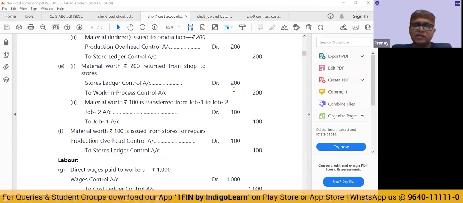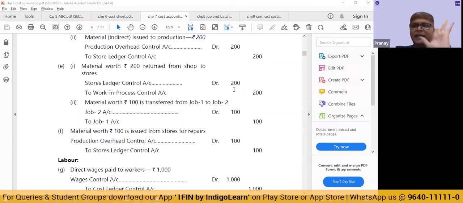Then we will have to create something called a standard. Now, standard is always going to be for the actual number of units produced. So we will go to the budget. We will see, okay, for 1 unit, we require 10 units of raw material. For 10,000 units, we would have required 1 lakh units of raw material. That is the budget. But since we have made 8,000 units, as per the budget we should use 10 per unit.